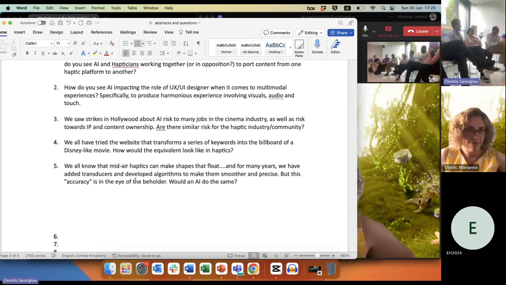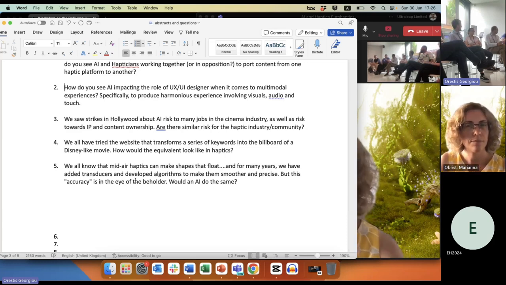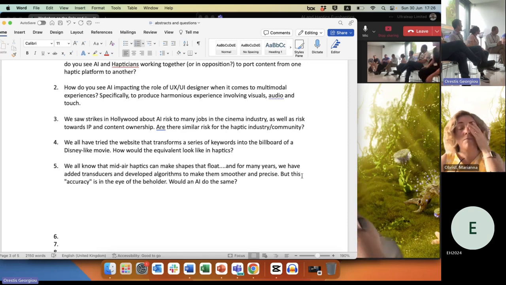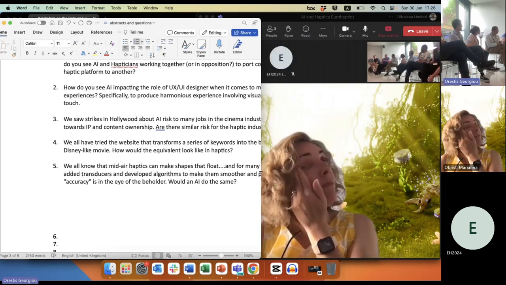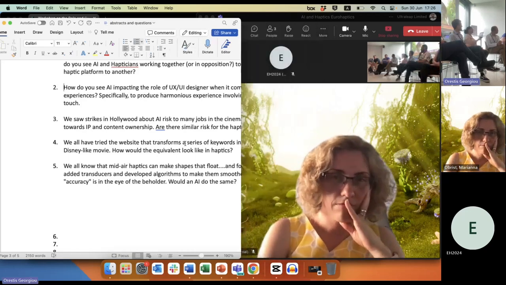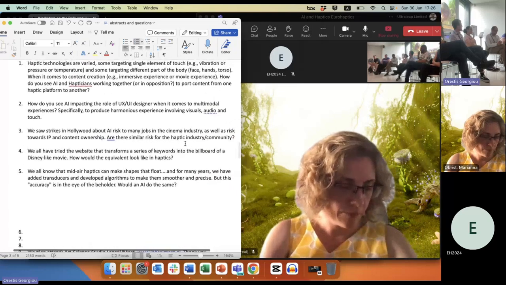Any comments? So what I'm thinking this is getting at is, the user would describe the feeling of something that they want to feel, and then the AI would generate something that feels like that. The simple one would be, I want a vibration sensation that feels exciting, or I want a texture that feels soft, or something like that.